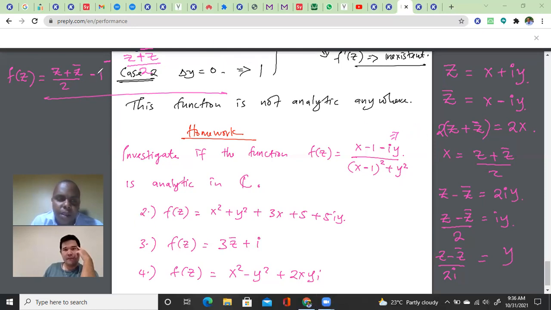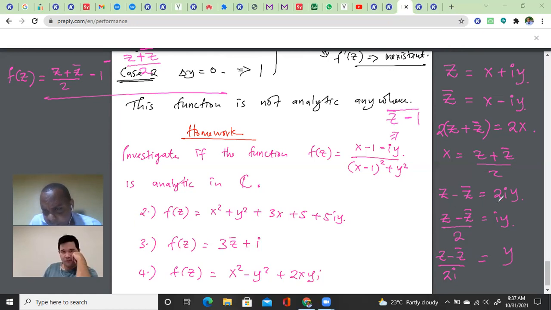So it's going to be 2 z bars minus 1, over 2, so 2 z bars over 2. So it's going to be z bar minus 1.